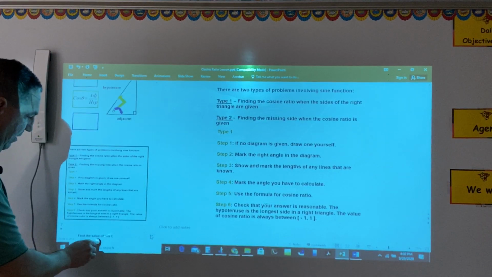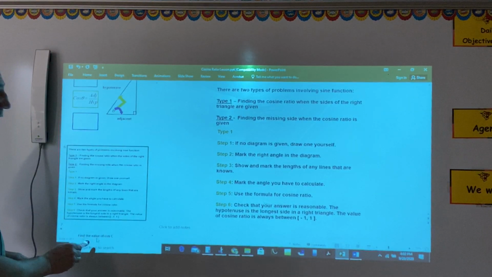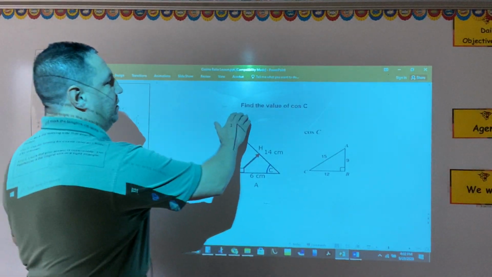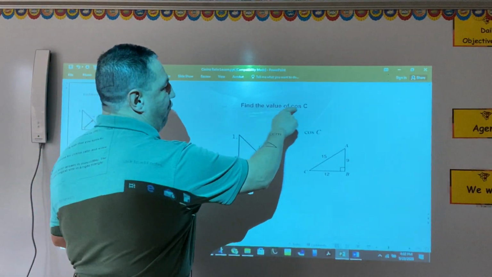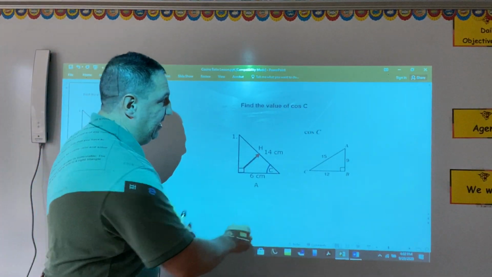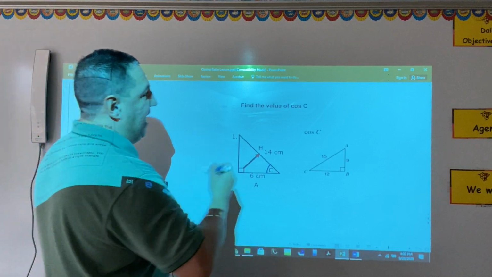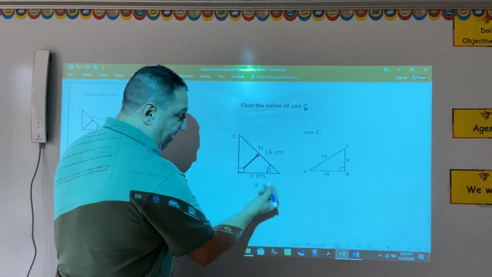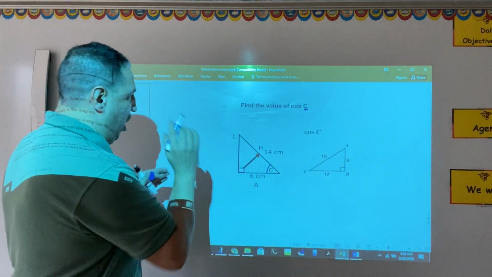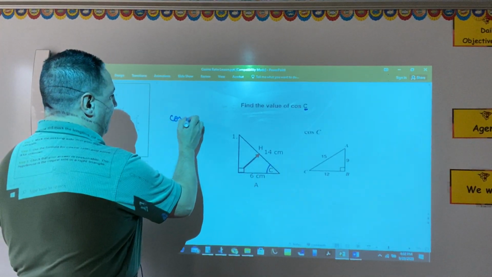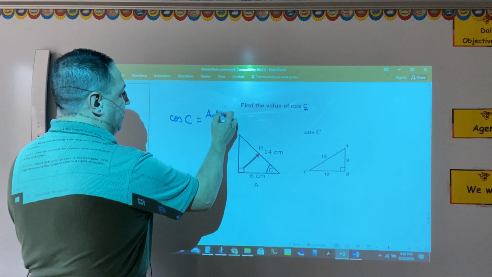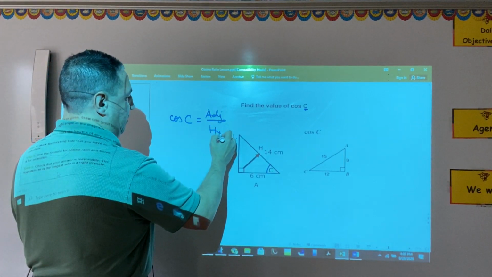Let's have a practice problem. In this example, we need to find the cosine of angle C, right? So, because it's angle C, we have to mark the angle C. Now, we know cosine of angle C would be adjacent side over hypotenuse.